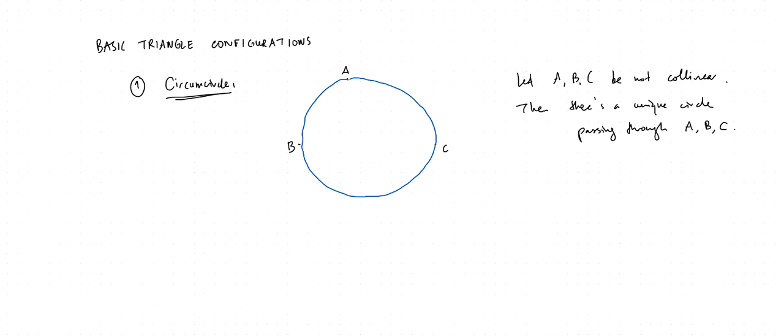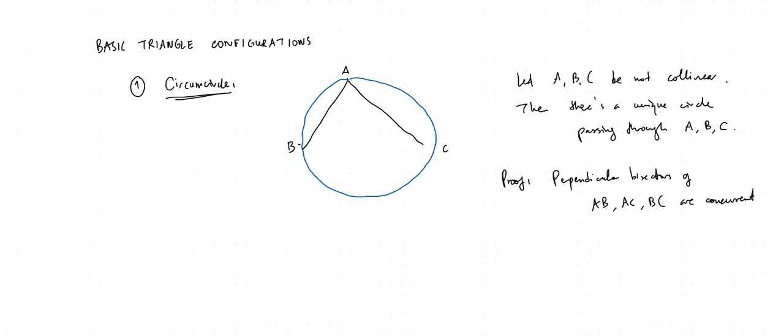So proof: the perpendicular bisectors of segments AB, AC, BC are concurrent. These perpendicular bisectors are concurrent.